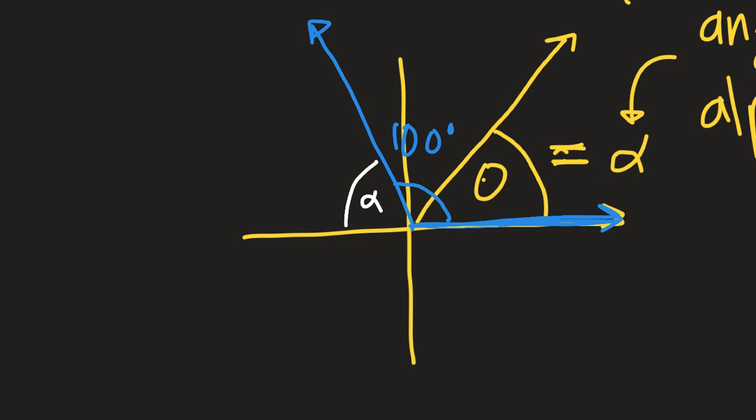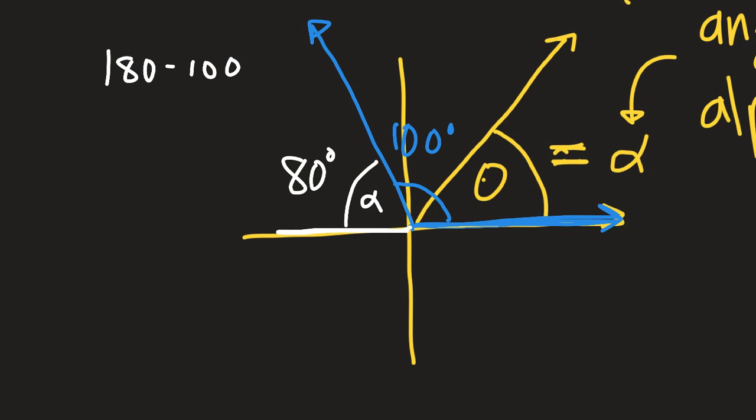This is going to be your alpha. It's the angle formed with your x-axis. So if I had a 100-degree angle, then my reference angle is going to be 180 minus 100, which would be 80 degrees.